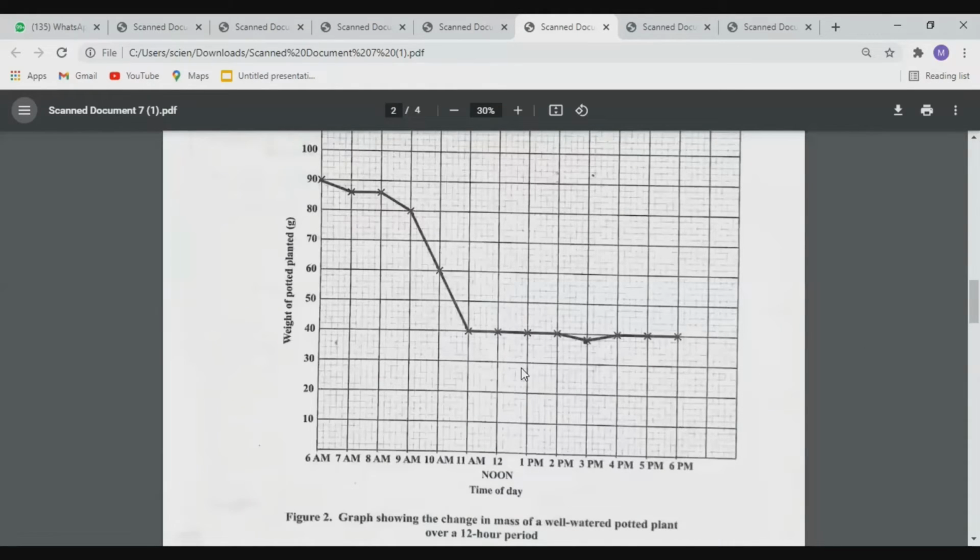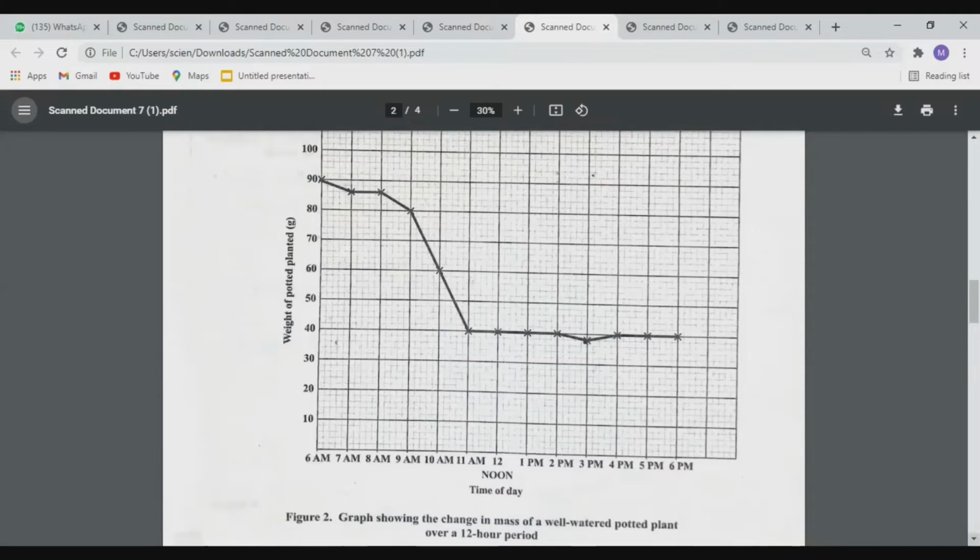So just to help you with the first one, my first time of day would have been 6 a.m., and the weight of my potted plant would have been 90. So 90 at 6 a.m. My second time would have been 7 a.m. and my weight would have been roughly 86 based on this. All right.